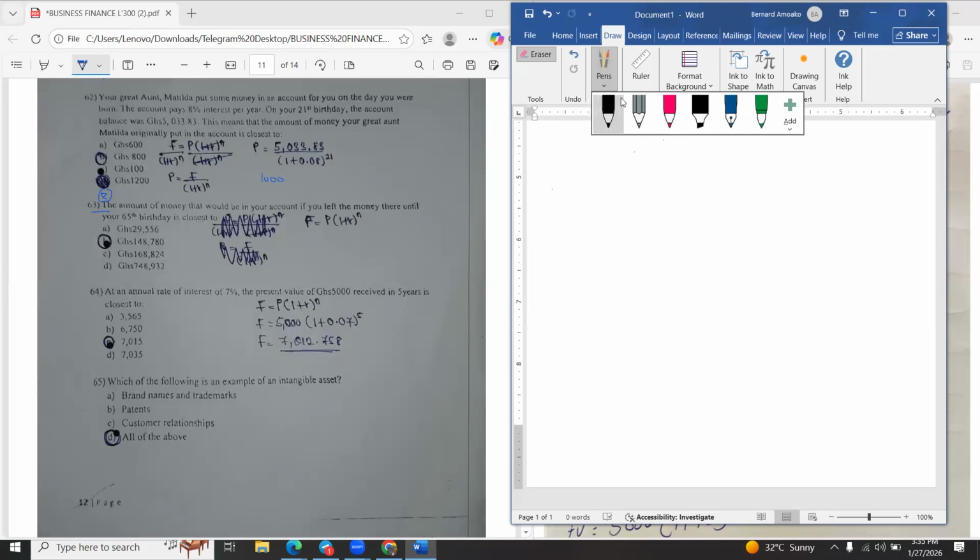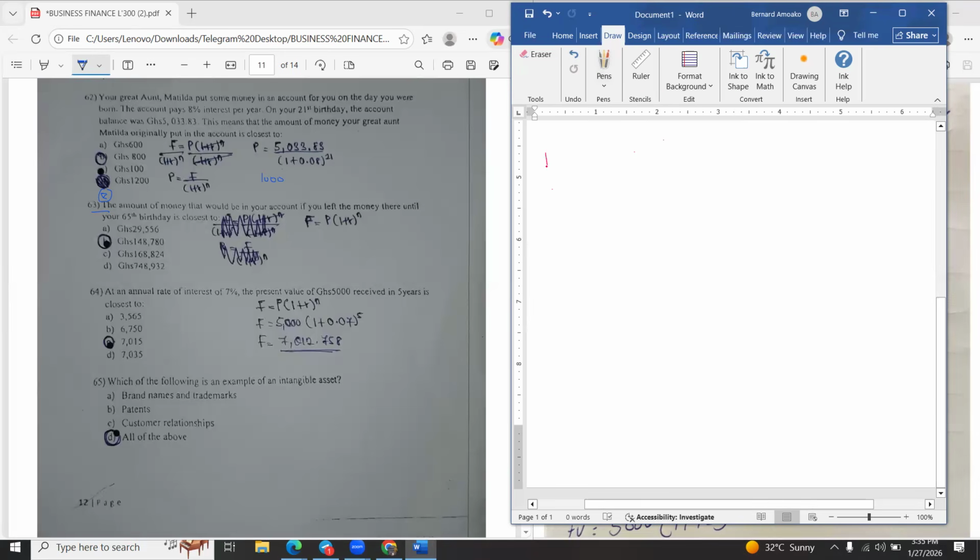So basically, it says that the rate, which is the R, is 8%. The number of years they're asking me to do is 65 years. Now, what is the money that I have? I have calculated that the money my auntie started saving was 1,000 Ghana cedis.